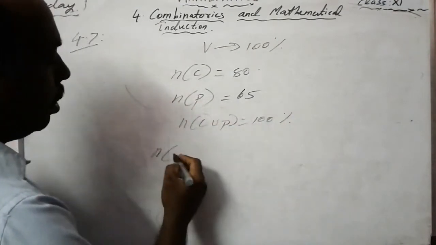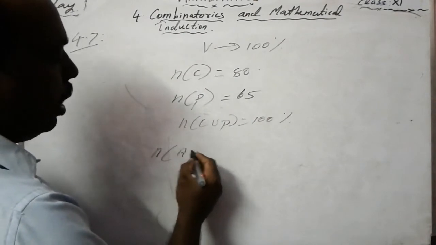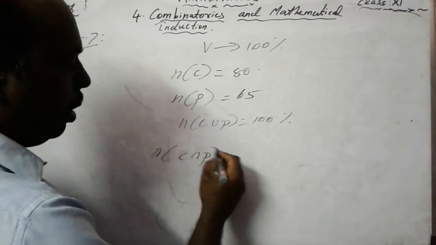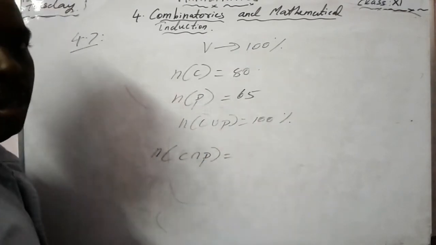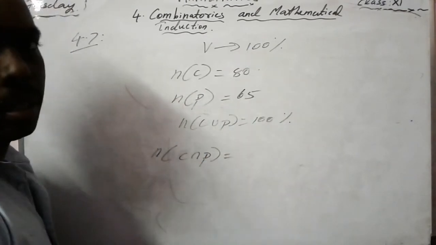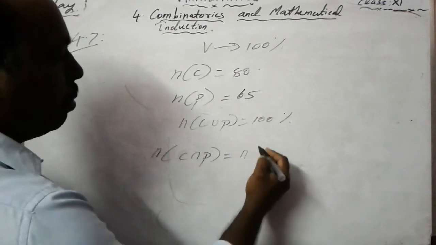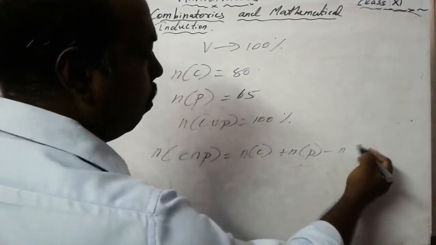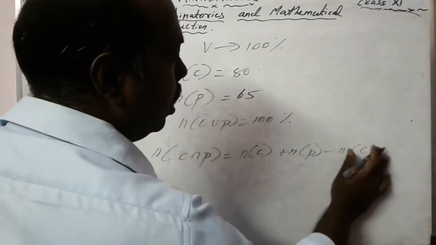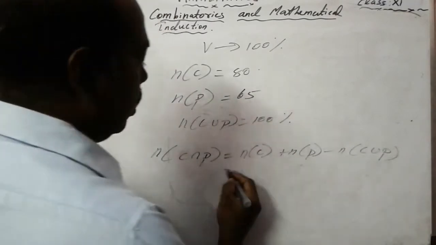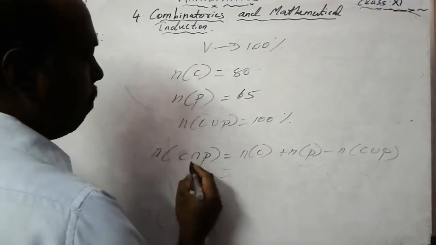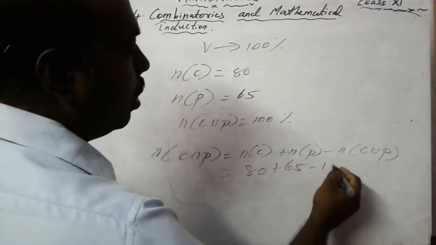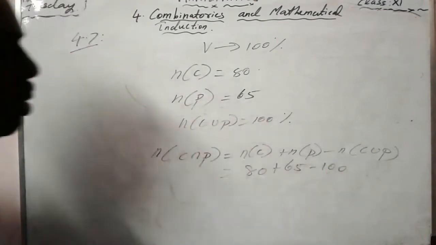So we have to find N of C intersection P. According to the inclusion exclusion principle, how will you write? N of C plus N of P minus N of C union P, that is equal to 80 plus 65 minus 100. Am I right?